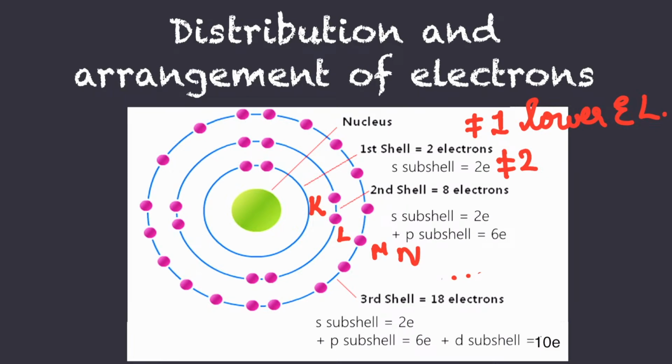To identify that, we had to follow the rule of 2n squared, where n stood for the number of the shell. The last rule was to follow the octet rule. That is, the outermost shell had to have only 8 electrons.